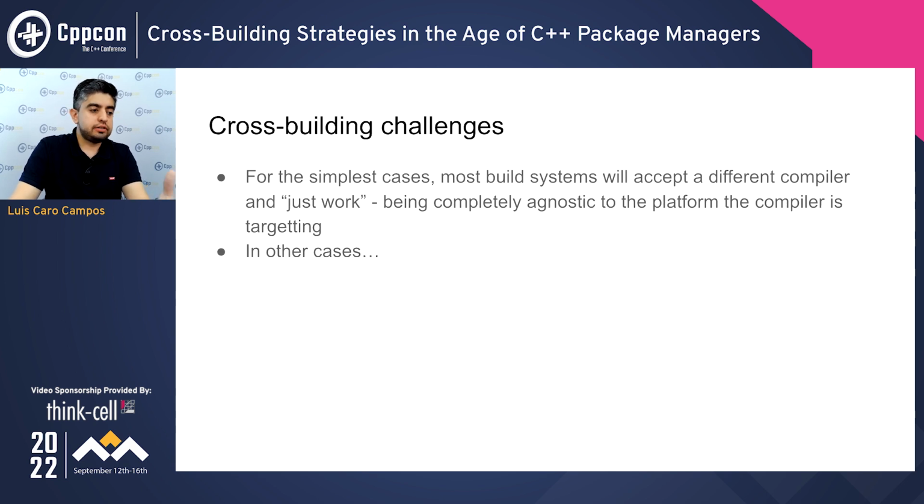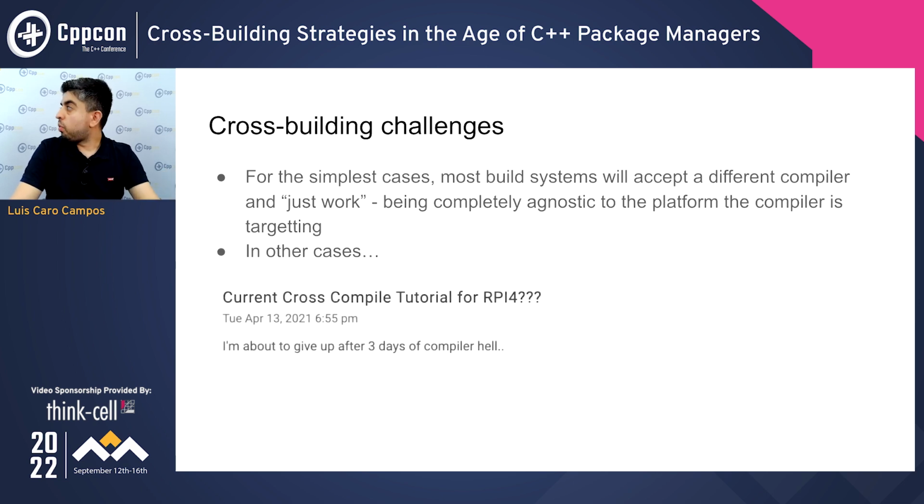But in reality, and at least having looked through this, this is from one of the Raspberry Pi forums, and it's a relatively recent message. It's like, is there a current cross-compiling tutorial for Raspberry Pi 4? And this poor person said they gave up after 3 days of compiler hell, right?